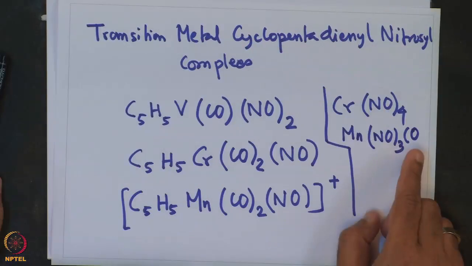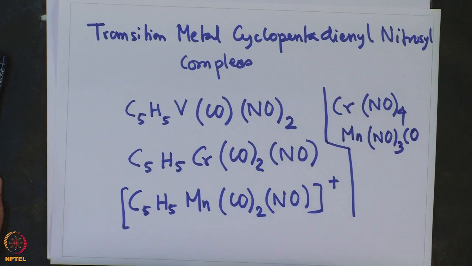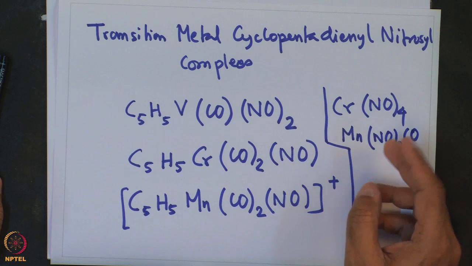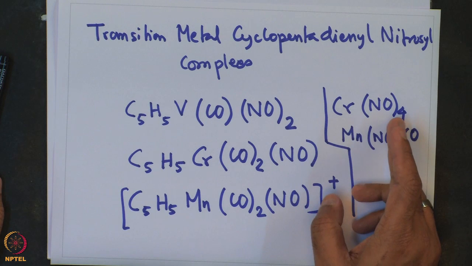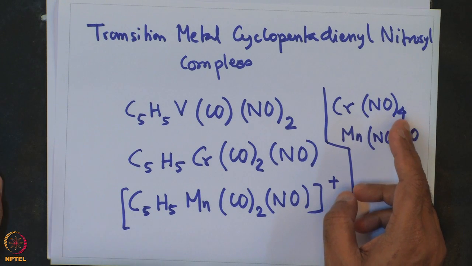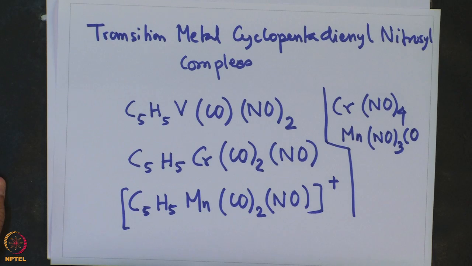These can be half sandwich complexes where you have a cyclopentadienyl ligand, carbonyl ligand, and nitrosyl ligand making this kind of complex, or it can be just a manganese trinitrosyl monocarbonyl complex where there is no cyclopentadienyl ligand, or it can be even simple binary nitrosyl compounds, for example, chromium tetranitrosyl.